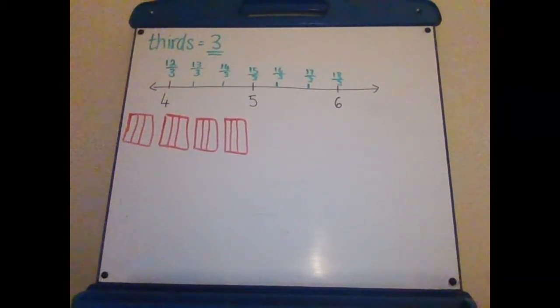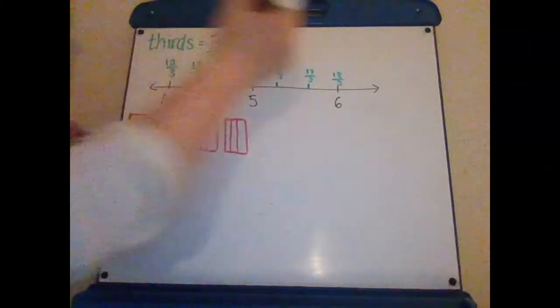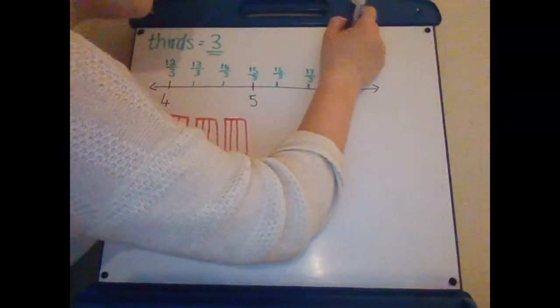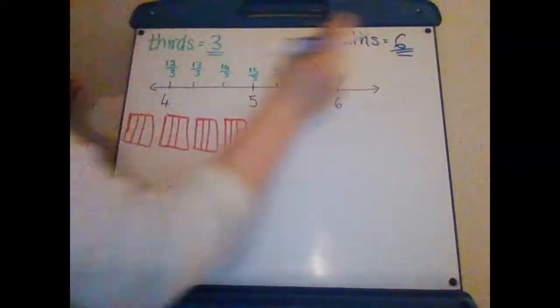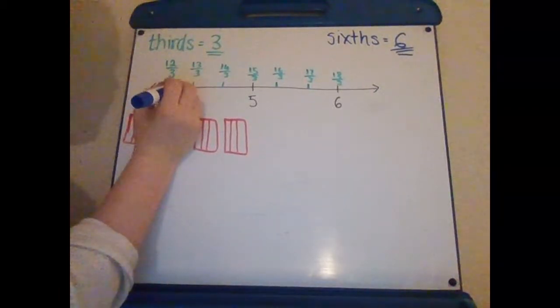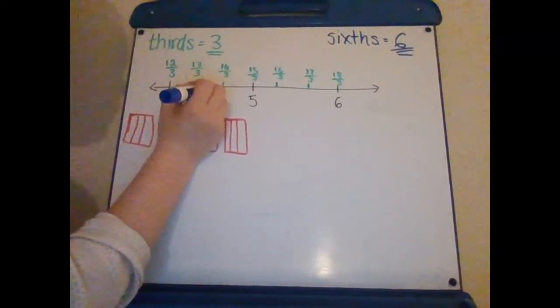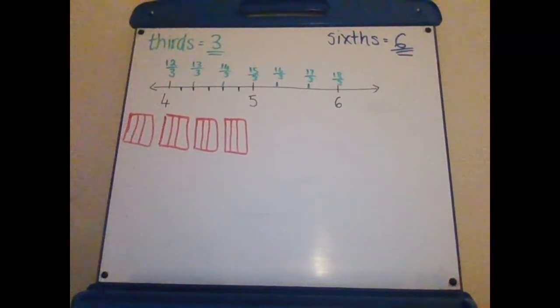And now if I want to split it also up into 6, that's 6 equal parts in the whole. Now again, I can split it up. 1, 2, 3, 4, 5. 5 lines gives me 6 equal parts.